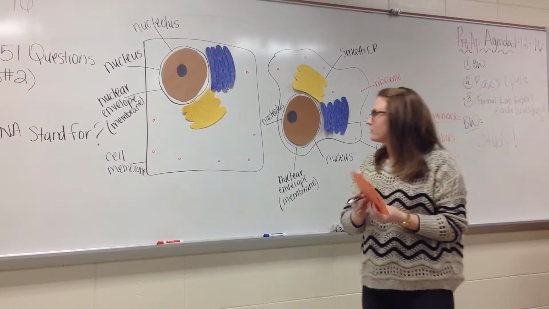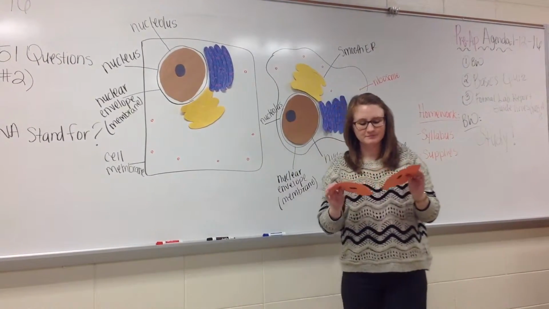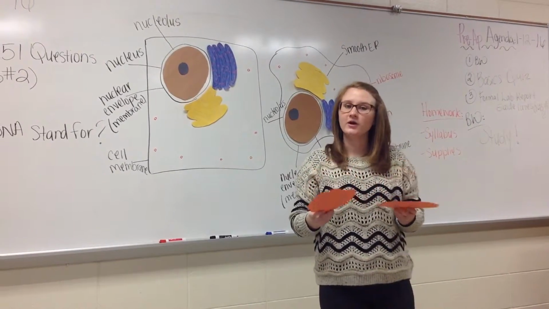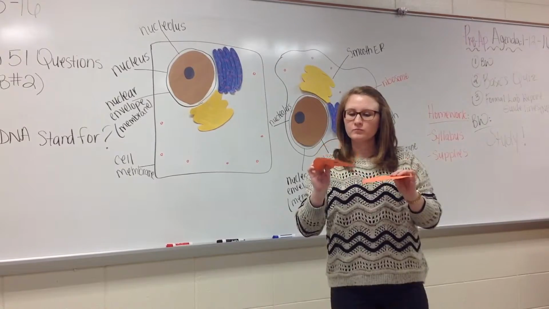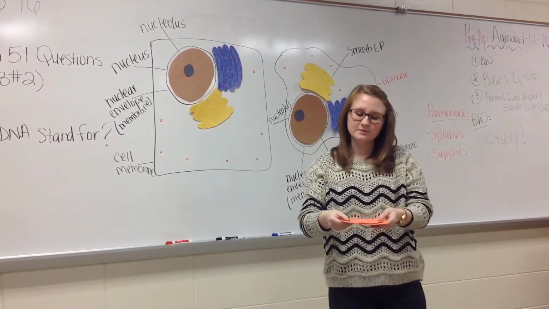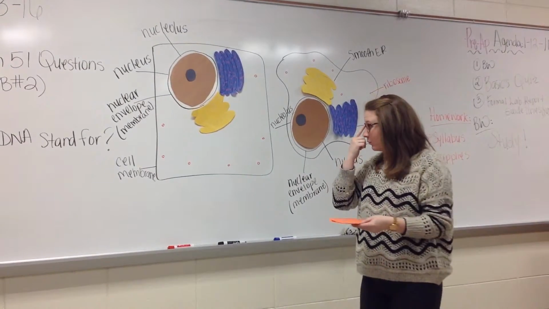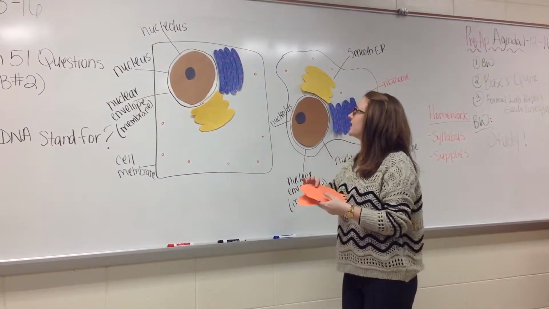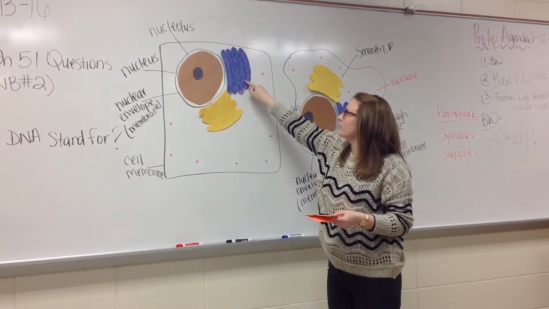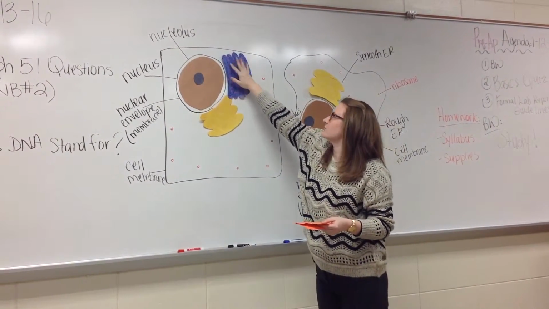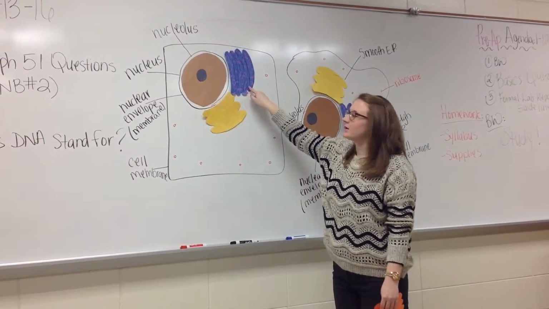If you think about Christmas was just here, if you went to a department store, you bought a gift, and you had the option of getting it gift wrapped for you. They would put your present in a box, they'd wrap it up, they'd put a bow on it, and you could take it home. What your Golgi apparatus does is it takes the proteins that your rough ER, because remember it's covered in ribosomes, not your smooth ER, my bad, helps make.